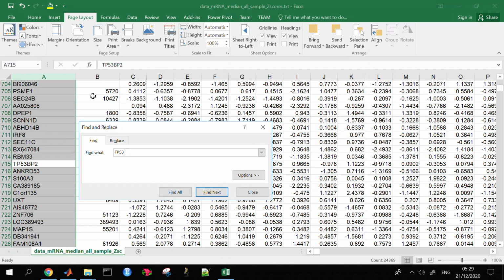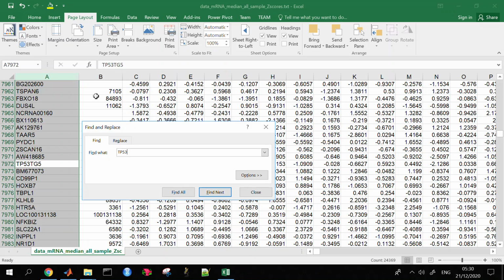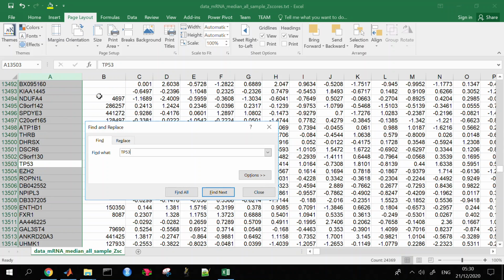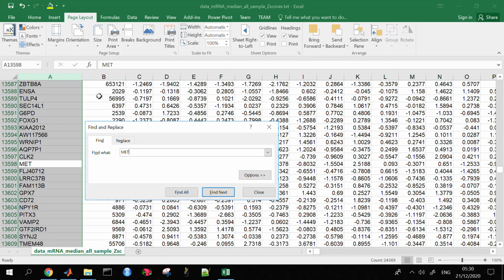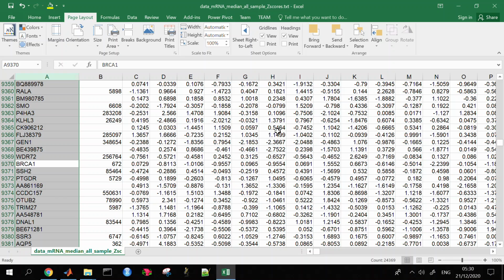We are looking for the exact name of this gene. That's not it. Aha, we have it. That's good. Now let's look for another driver gene, MET, and it exists. Now let's look for another. Okay, so all the 3 main driver genes exist in this table, and that's good.